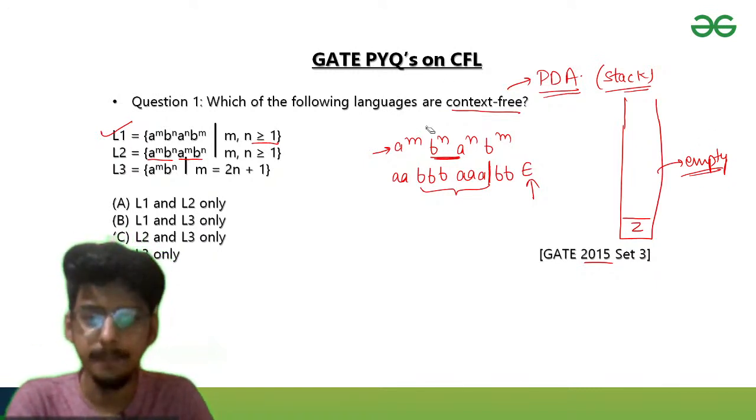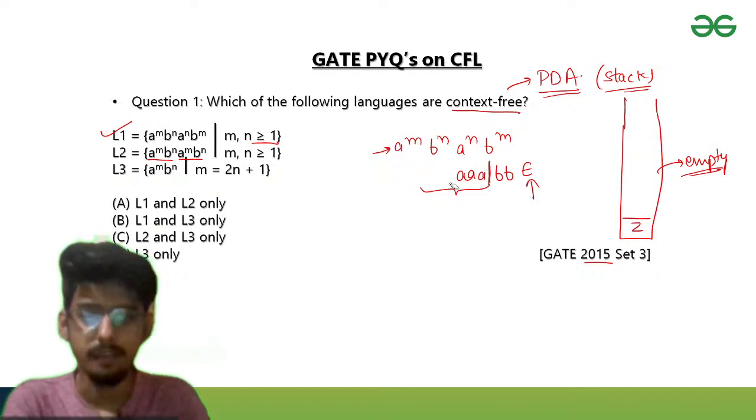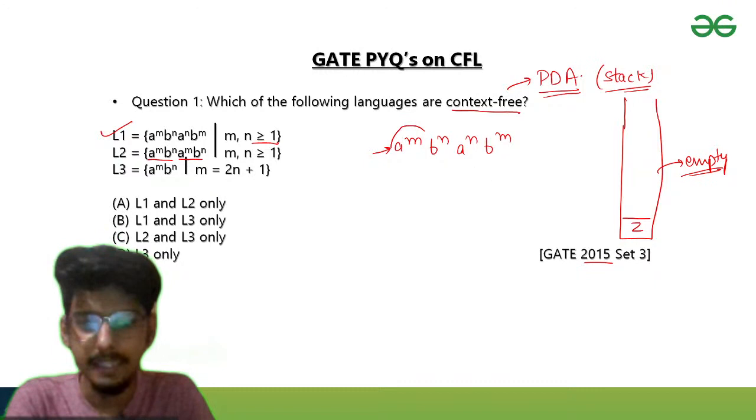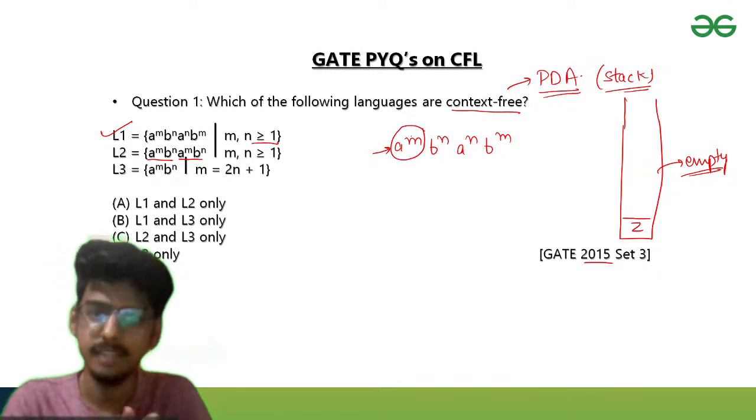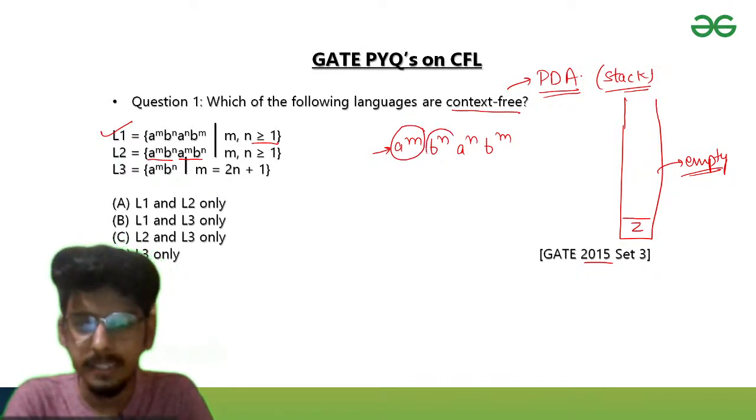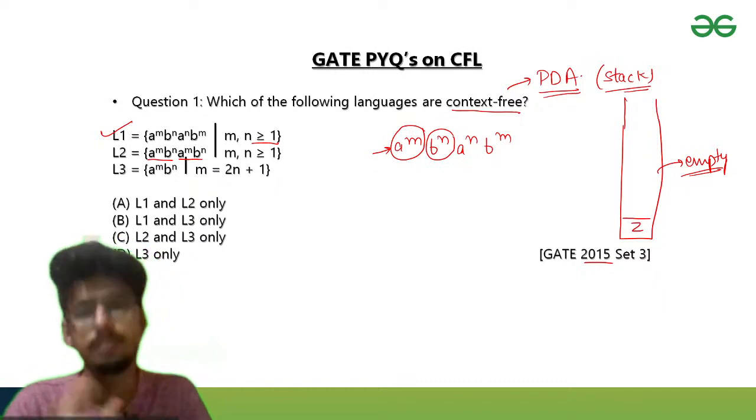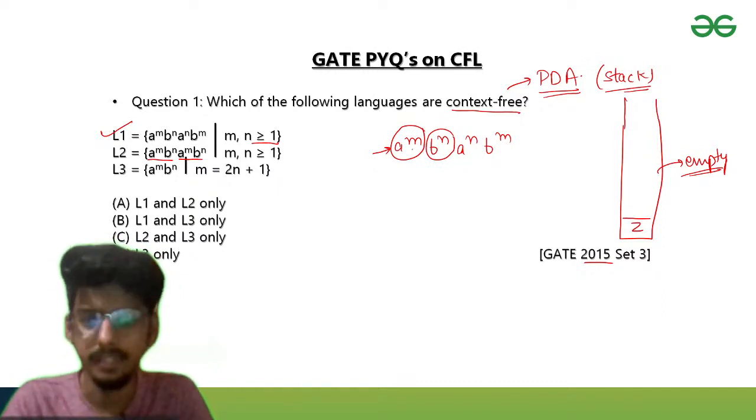So basically, when you see an A, just push them into the stack. When you see a B, again keep on pushing them into the stack, because they are not the same, a^m and b^n, so you do not have to compare them.